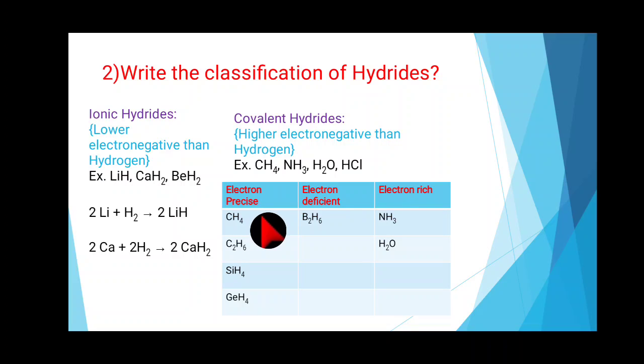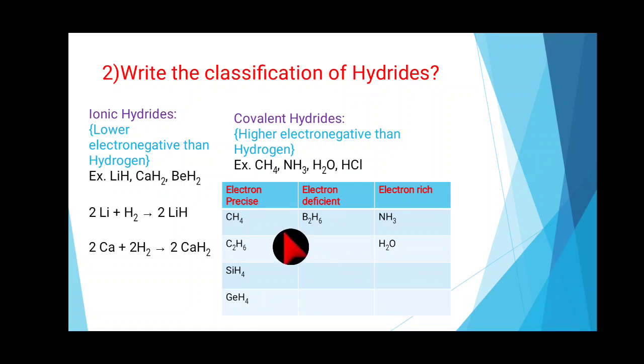Electron precise: methane, ethane, silane, germane. These are the compounds that come under electron precise. Electron deficient: diborane, B2H6. Then electron rich: ammonia and water.